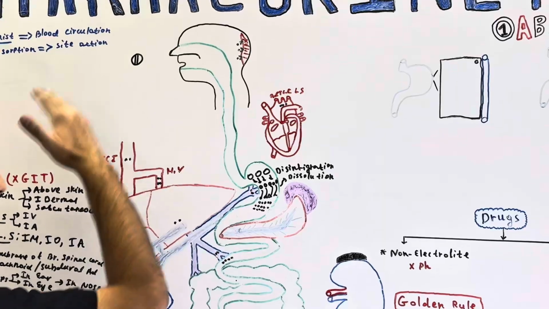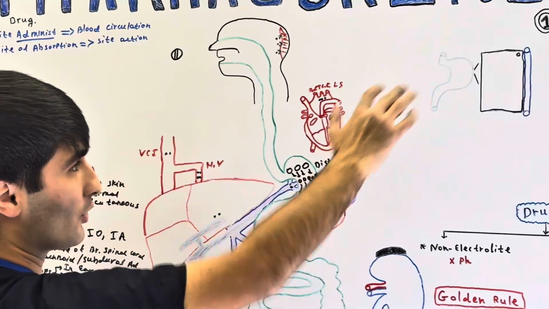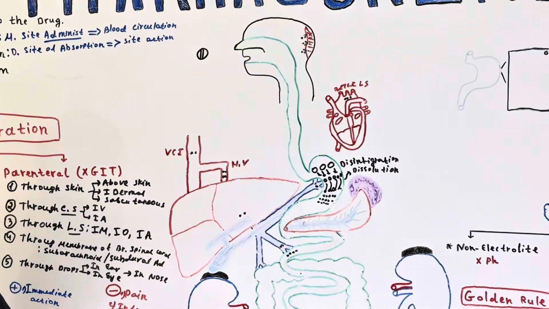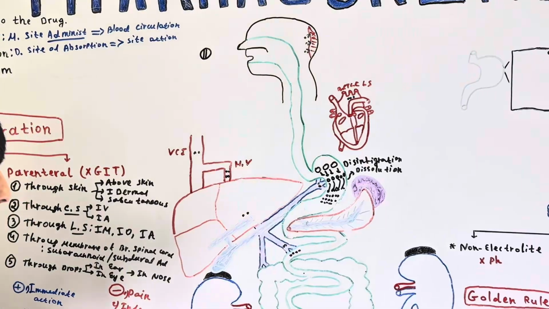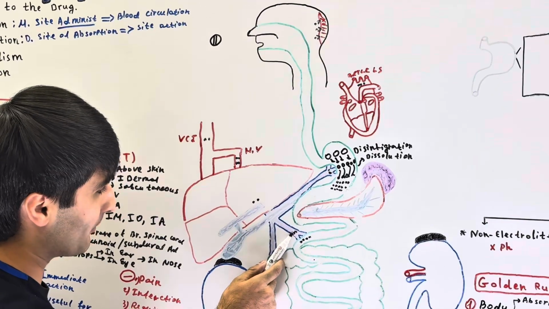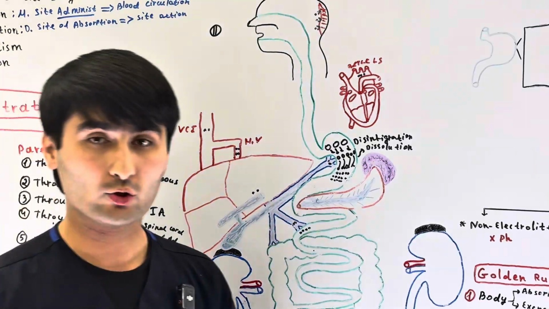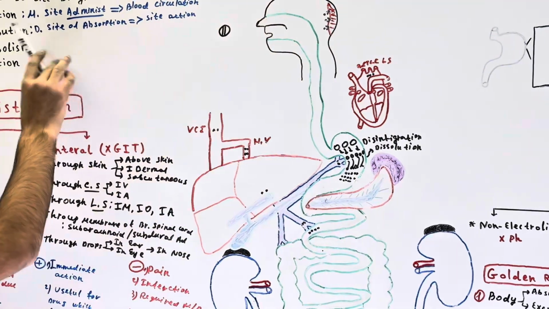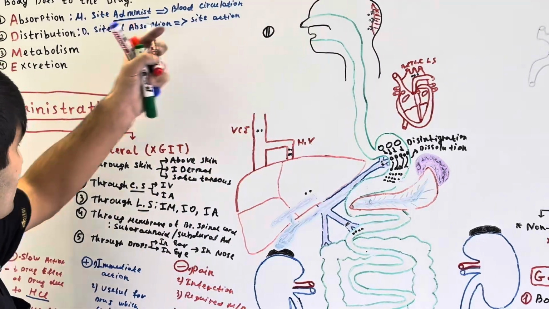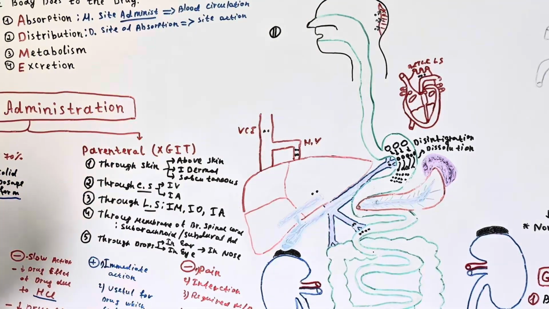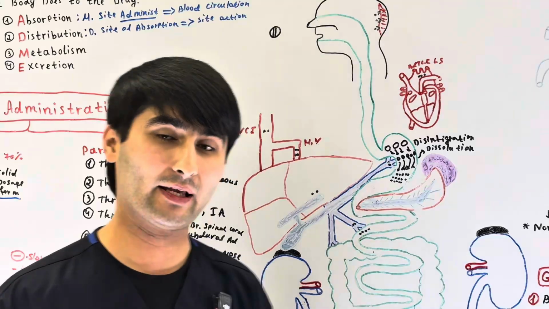All this process is not included in pharmacokinetics, it is included in pharmacodynamics. Only the delivery of the drug from the blood circulation to the sites of action is called distribution. So it was the second stage of pharmacokinetics. Now let's talk about the third stage of pharmacokinetics, which is metabolism.